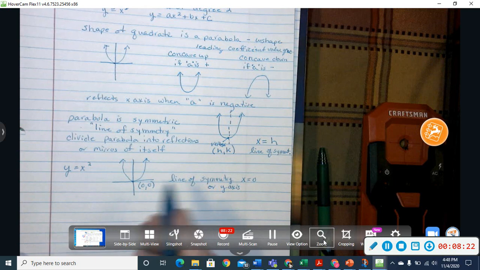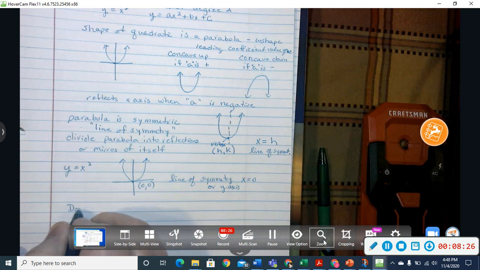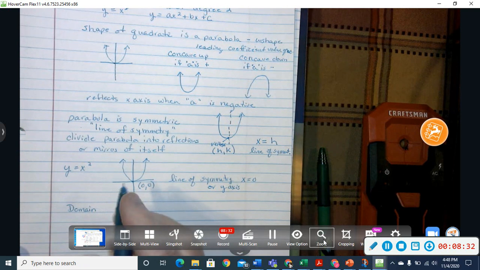We talk about the domain and the range for our parabola. And we've already done this a little bit in some of our previous lessons, but for quadratic functions, the domain is generally, for every case, all real numbers.